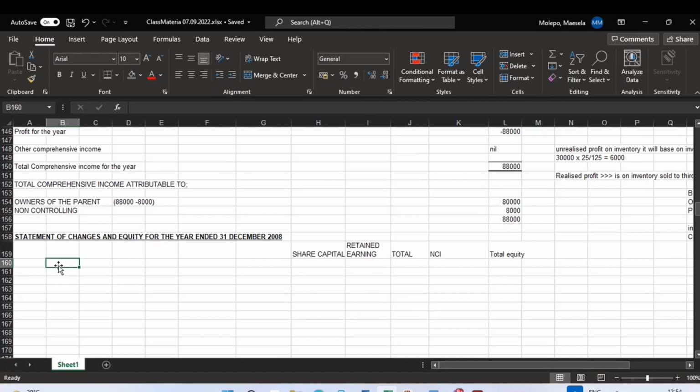So the balance at the beginning for share capital: we have the parent's share capital, which was sitting at 200,000 from the pre-adjustment trial balance. You remember it? On page 124, we have that 200,000.